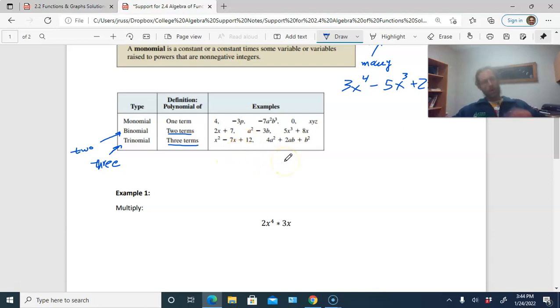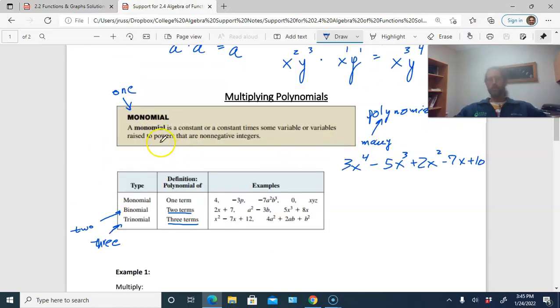Now you may say, well, what about polynomials that have 4 terms or 5 terms or 6 terms, etc.? Well, we could give those names, and they do actually have names, guys, but we're not going to worry too much about that, because we're not going to see very many polynomials that have more than 3 terms. Alright, so now that we know what a polynomial is, let me say one other thing.